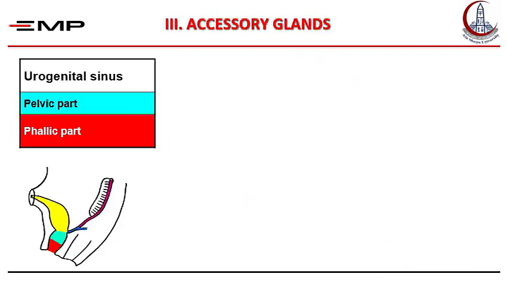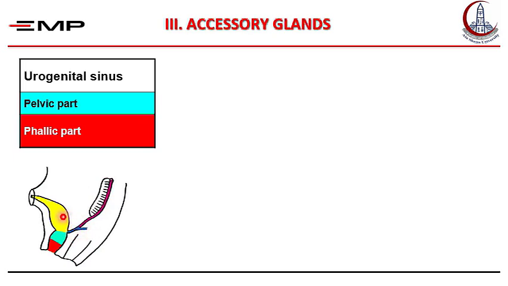Okay, now we'll talk about development of accessory glands, the bulbourethral gland and prostate in the male, the Bartholin gland and Skene's glands in the female. This is the mesonephric duct. This is the mesonephric duct here. This is the ureteric bud.